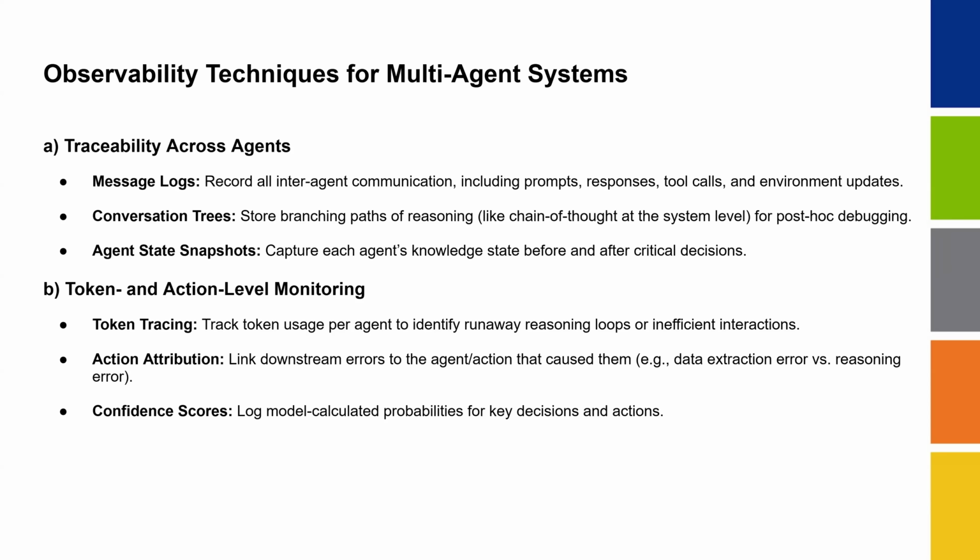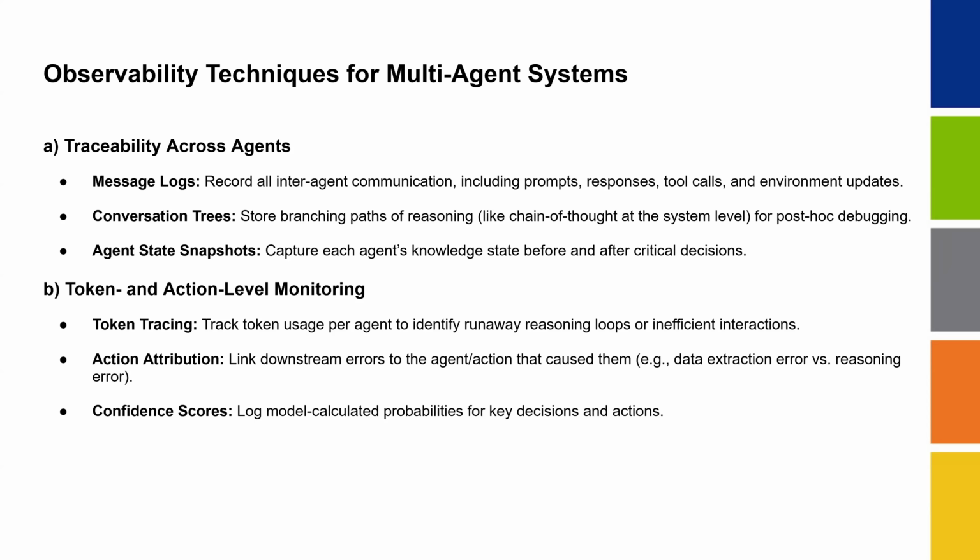It's almost like the analogy that if your conversation is not gotten by the other person, then a lot of resource, quote unquote, time is required to make the conversation happen, and resource as time is wasted. So token and action level monitoring: token tracing usage per agent to identify runaway reasoning loops or inefficient interactions, and action attribution, linking downstream errors to the agent action that caused them, like data extraction error versus reasoning error.